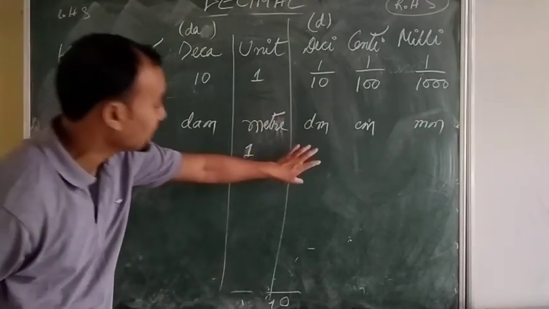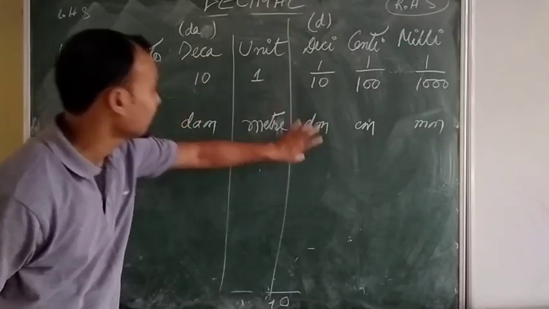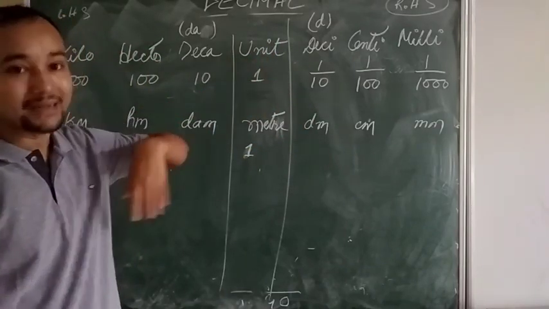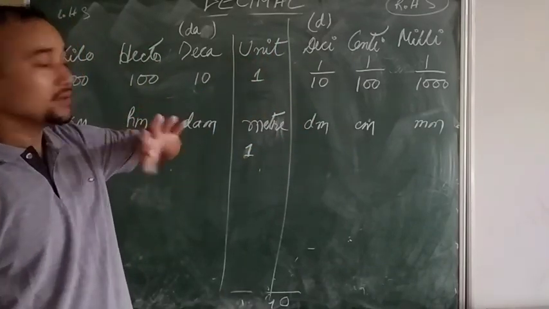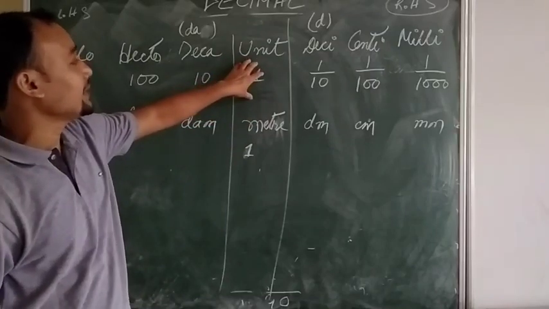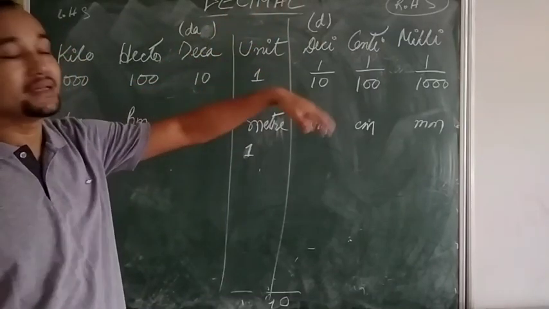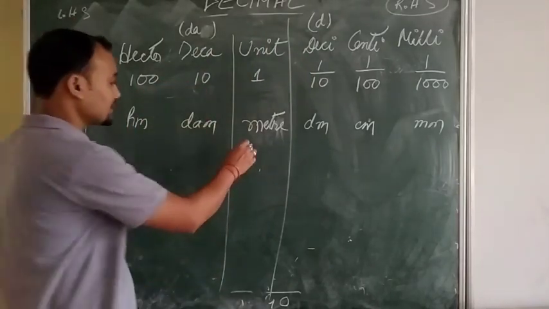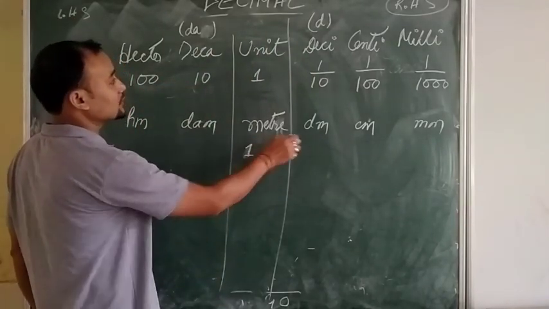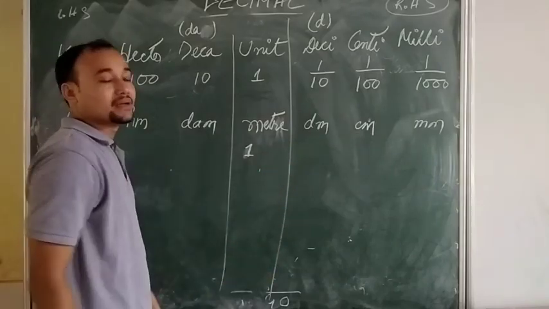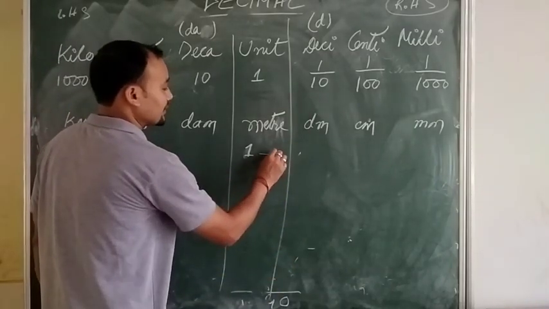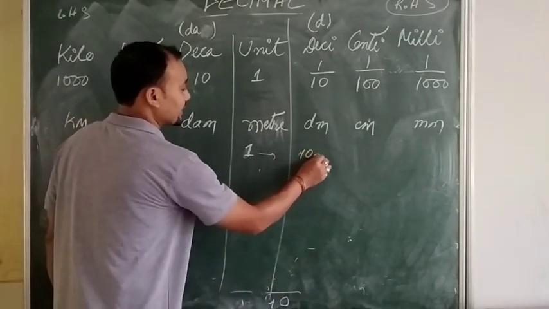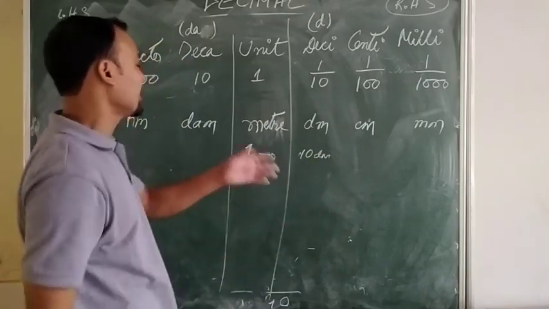Decimeter is smaller than meter by 1 by 10 times. There is a rule: if a bigger quantity needs to be converted to a smaller one, we need to multiply it. If we convert 1 meter into decimeter, it will be 10 decimeter. Like there is a chart, 10 decimeter equal to 1 meter.